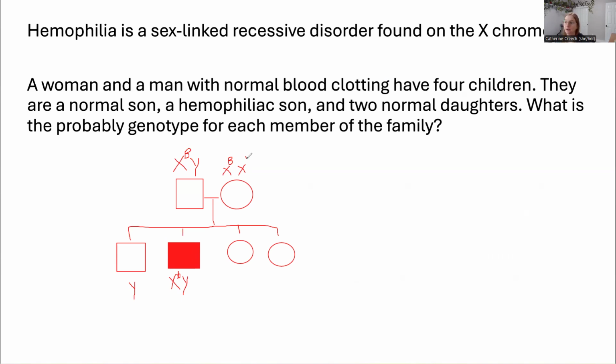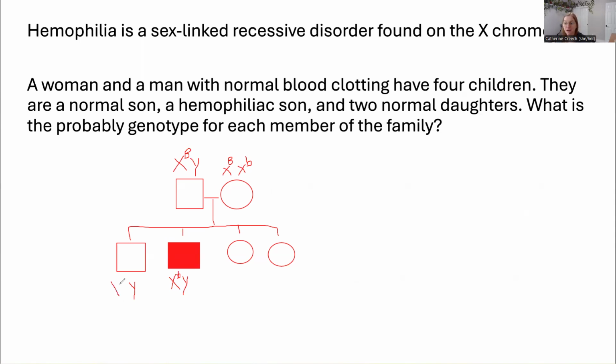That means that mom has to be heterozygous, because if she was homozygous dominant, she would not be able to have kids with hemophilia. Now that we know their genotypes, we can assume the genotypes of everyone else.